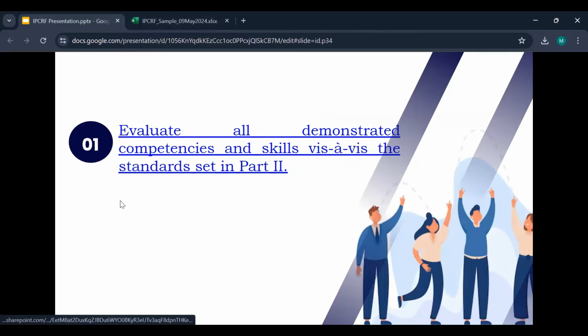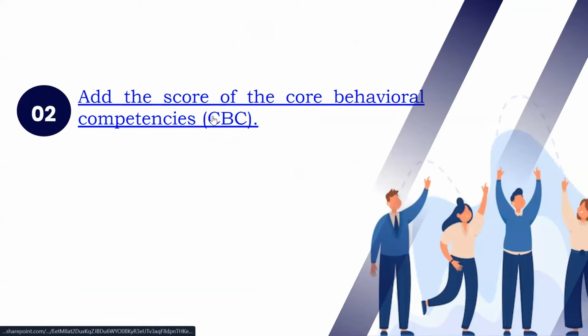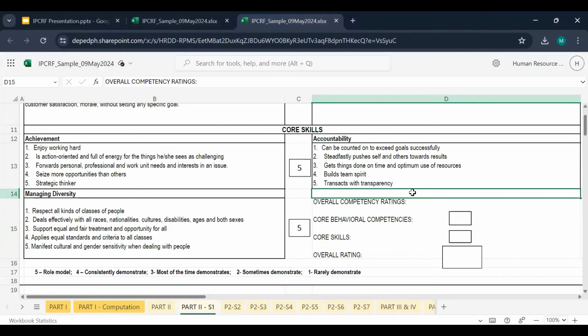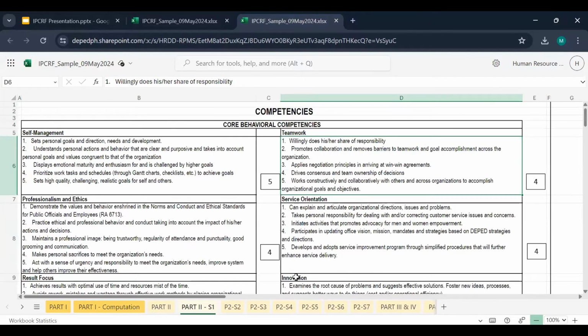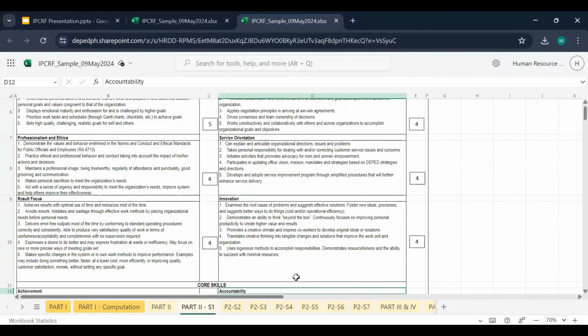So after evaluation of all demonstrated competencies and skills, we get the score of the core behavioral competencies. So how to add the score? After adding the scores of core behavioral competencies, which is 5, 4, 4, 4, 4, 4, equals 25.